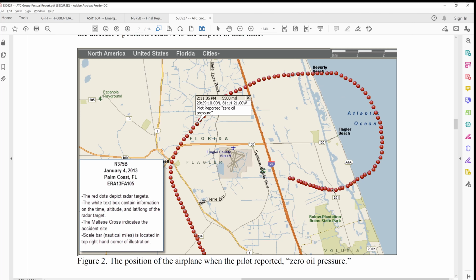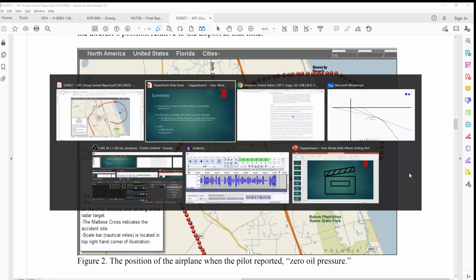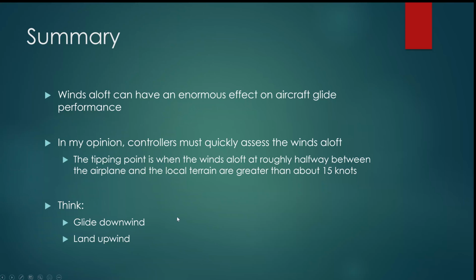The glide ratio plummets to an 8-to-1 glide ratio, and he ends up predictably a mile short. It's hard to kind of get your head around this. It's one of the many reasons why IMC dead stick vectoring is almost impossible to do. I will cover that in later portions of the flight. But in general, and pardon my slight interruptions here as I recorded this live, these are the takeaways.